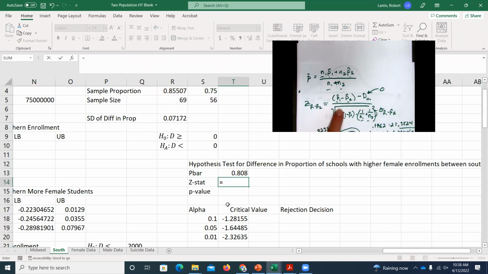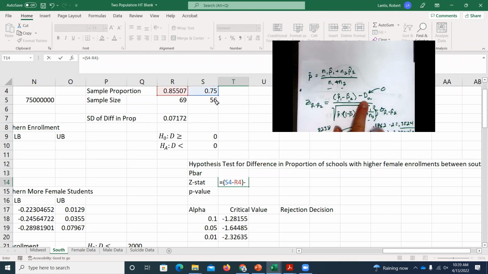Now for this test statistic equation, I'm going to find the difference in the sample proportions. Right. I'm then going to subtract that assumed true difference. Now, I've got an assumed true difference of 0 here, but I'm going to eventually show you what happens if we didn't have 0. So I'm still going to select that cell reference. In practice, if your assumed true difference is 0, you don't have to, right? Subtracting 0 doesn't change anything. Now here I've got to be careful.